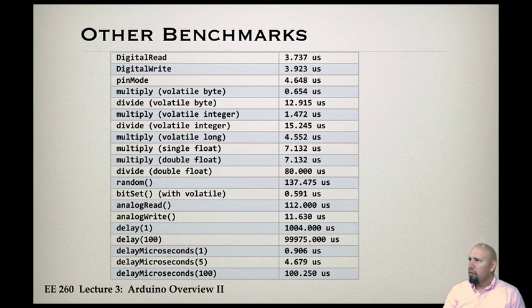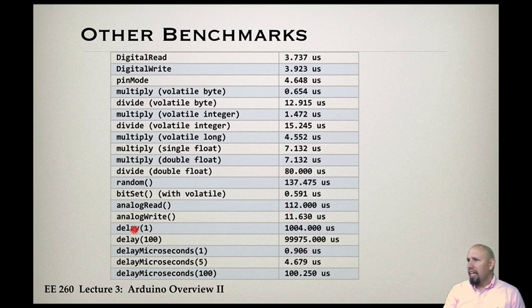Anyway, these are some benchmarks for all those things. Analog read takes 112 microseconds, whereas an analog write takes 11 microseconds. So again, a big difference between reading and writing.